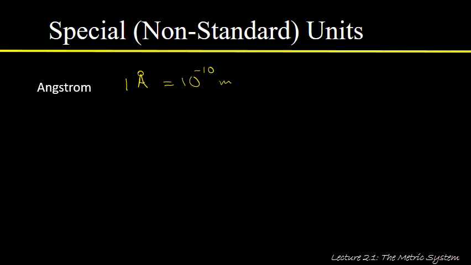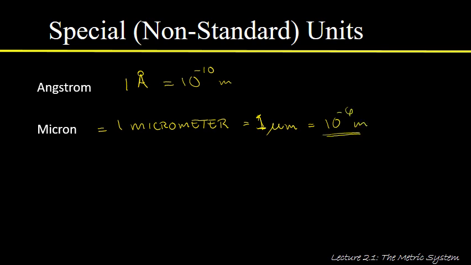And on the topic of length, I'll also mention the micron. A micron is really just another name for a micrometer, or some people say micrometer. It's just meter with the prefix micro on it, and so that means that it is 10 to the minus 6 meters.